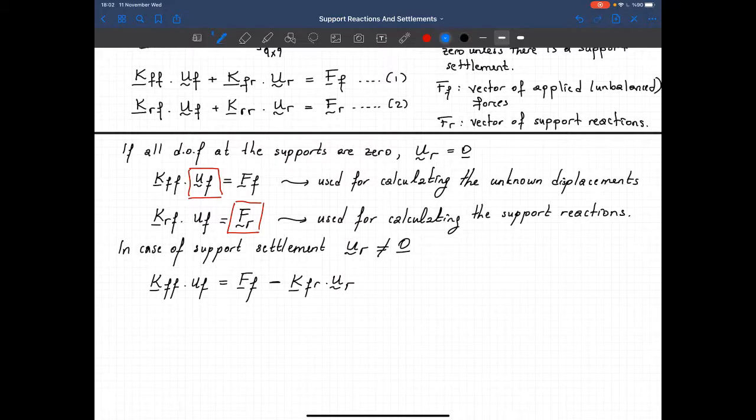As you see, this expression here is actually the unbalanced forces due to support settlement.